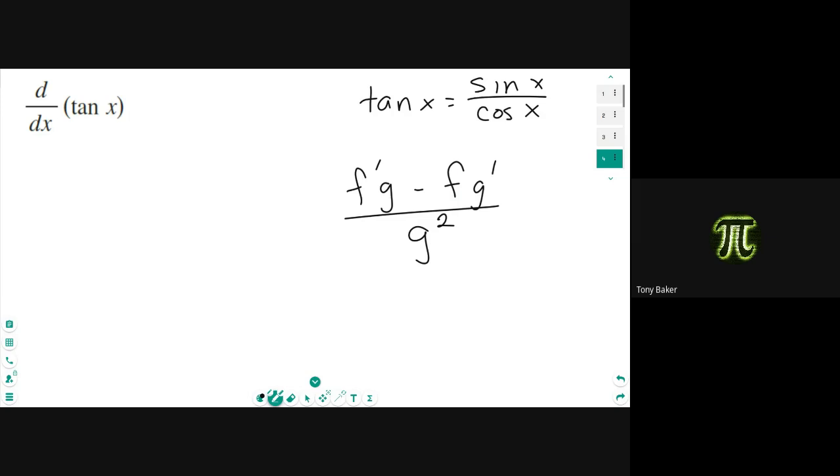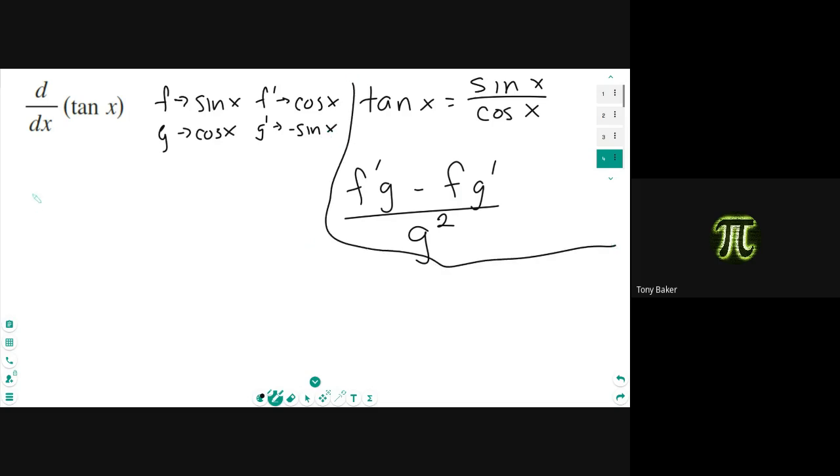All right, so if we're looking at our pieces, we have f is sine of x, f prime is cosine of x, g is cosine of x, g prime is negative sine of x.